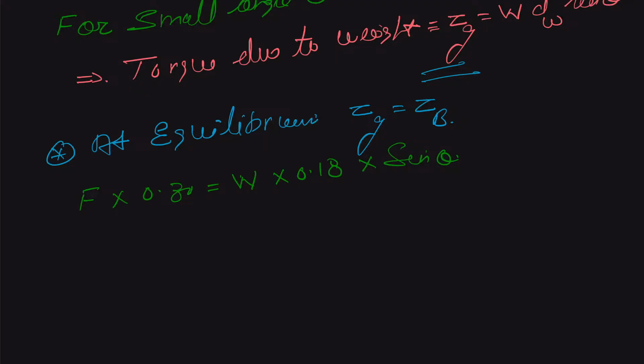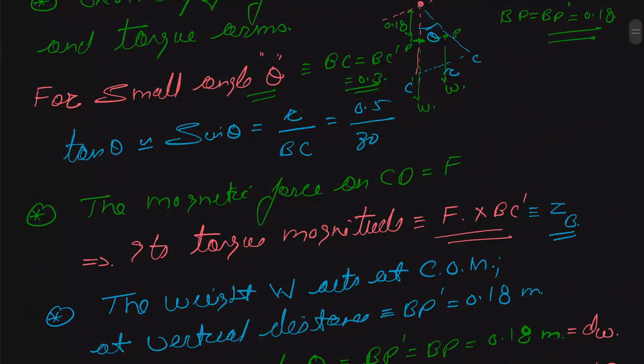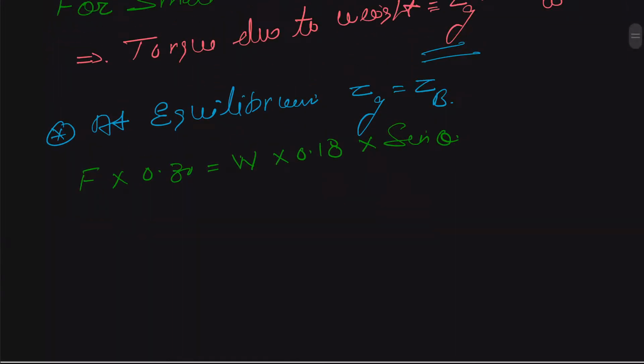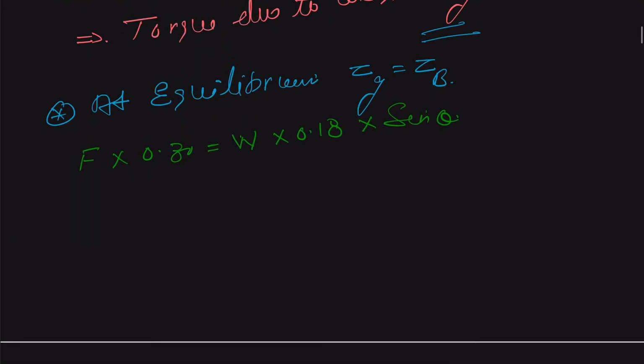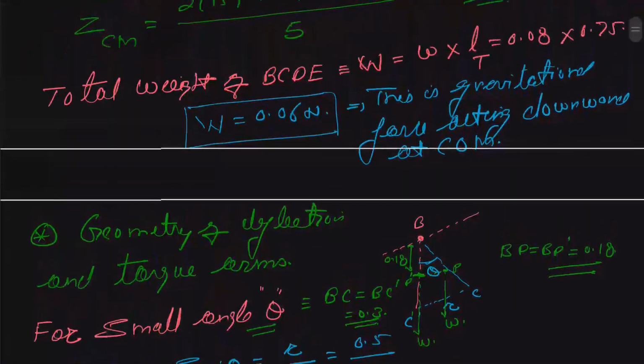And we already know the value of sine of theta is 0.5 divided by 30. Therefore, we can substitute it, and weight also we know, W capital is 0.06 newtons.